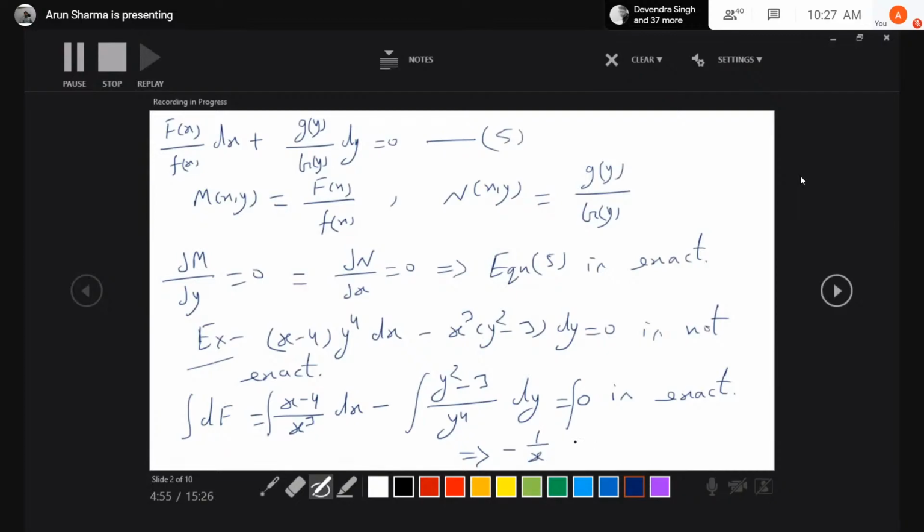Similarly, this is plus 4 upon 2, which is just 2x square, minus y square upon this, so plus 1 upon y, and the 3 will cancel out, basically 3y equals a constant. So this is the solution.